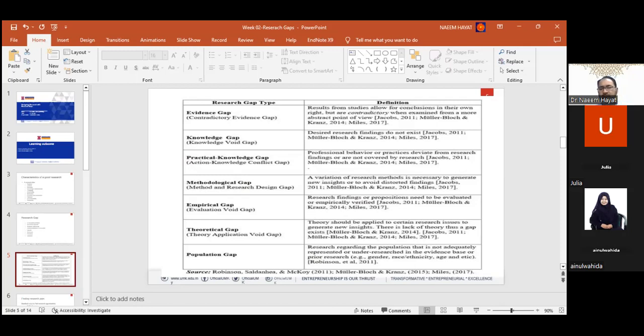Another gap that is available is the knowledge gap, sometimes called the knowledge void gap. There may be a possible new area where no knowledge is available or research findings are not available. So maybe we are interested in moving further to understand the knowledge gap and fill it. Maybe a new research area emerges, like right now we know about the metaverse.